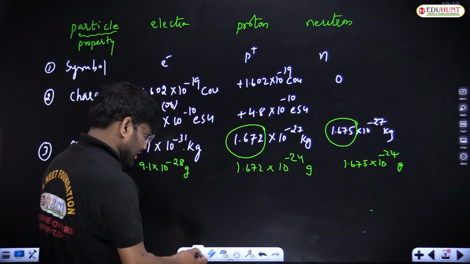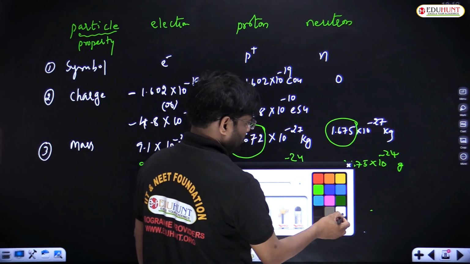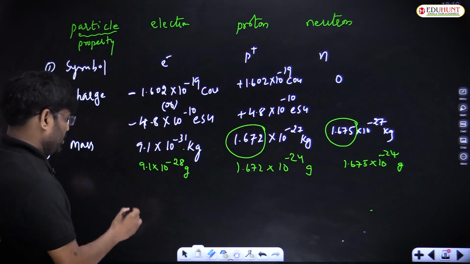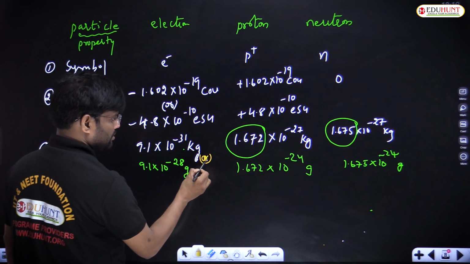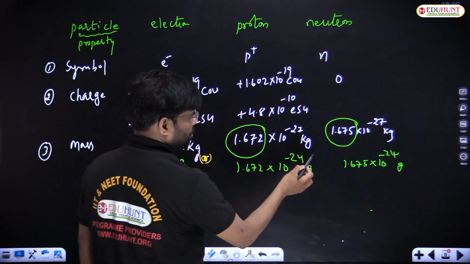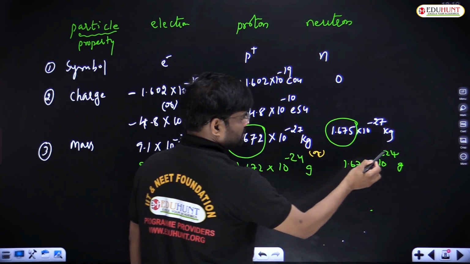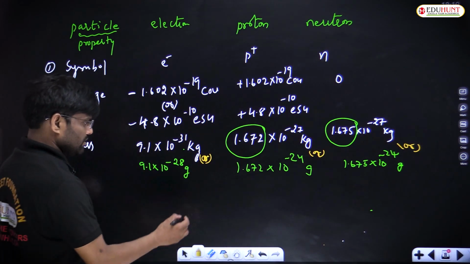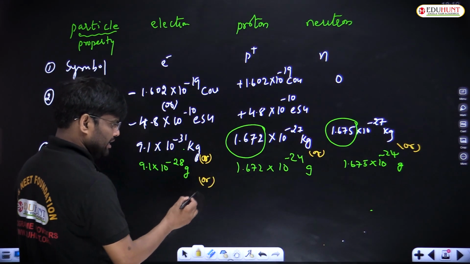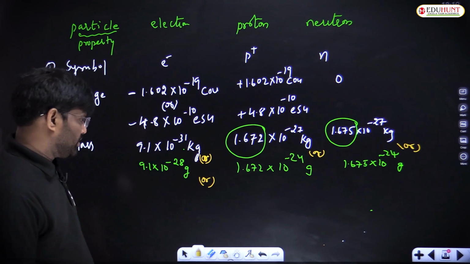I am taking again in AMU. This is kilograms or grams. Okay? Next, or in AMU, atomic mass unit.